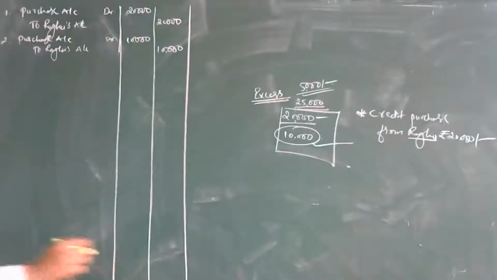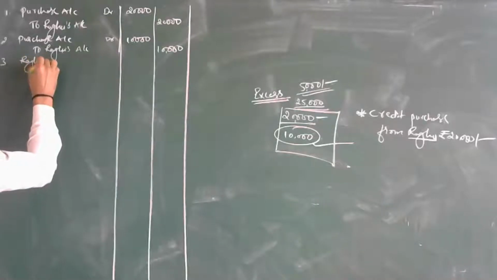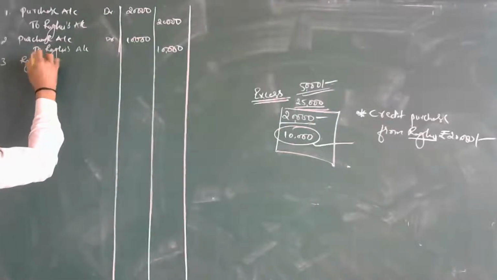Now here we are going to make the correction. What correction? Raghu's account debit to purchase account, 5,000.